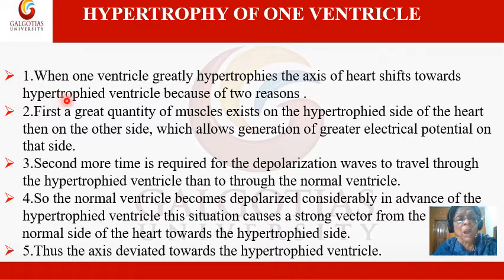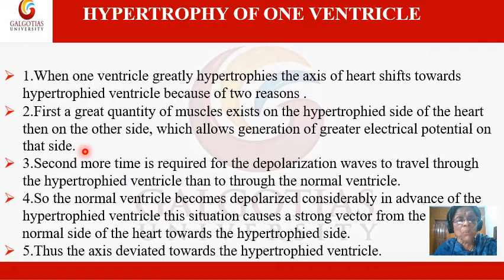First, a great quantity of the muscles exist on the hypertrophied side of the heart than on the other side, which allows generation of the greater electrical potential on that particular side. So, in the hypertrophied side of the heart, the mass of the heart tissue grows, and because of this, it allows generation of greater electrical potential on that side.